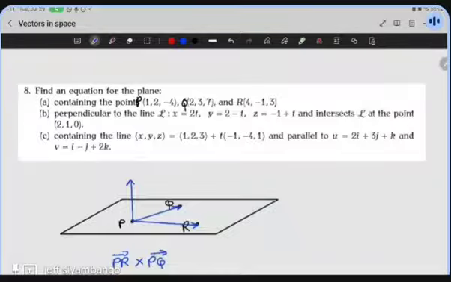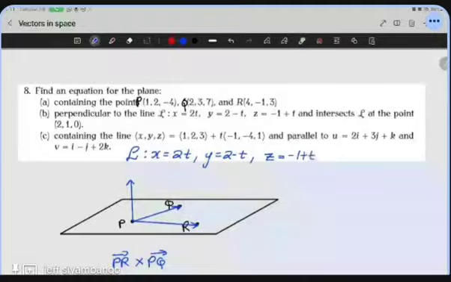So it is perpendicular to the line, so they're describing the line here. x is equal to 2t, y is equal to 2 minus t, and z is equal to -1 plus t, and intersects L at a point. So we'll be given a point of intersection: (2, 1, 0).